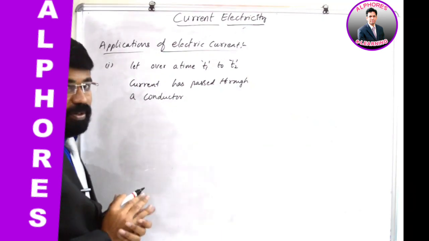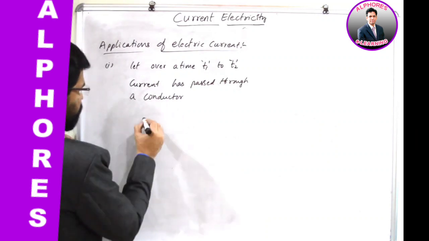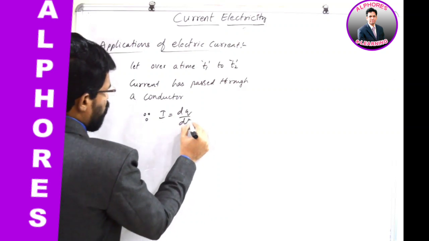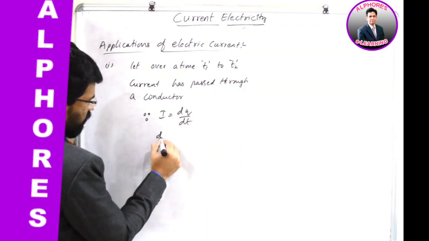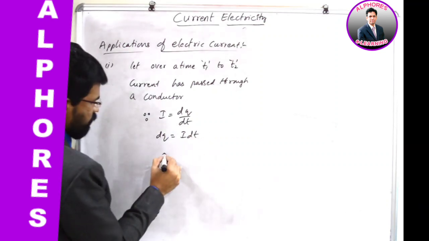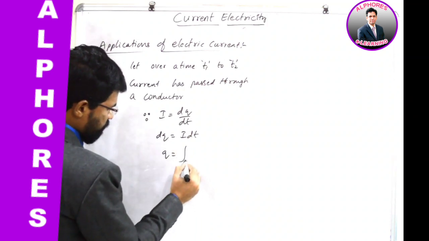Then, if I wanted to find out how much charge was actually transported through the conductor, I can do that. Since I is equal to dq by dt, I can shuffle this and write dq is equal to I dt. Integrating on both sides, integral dq is q.